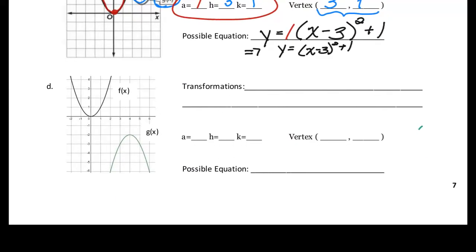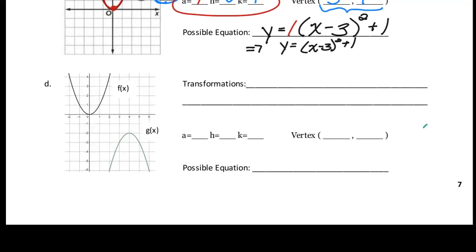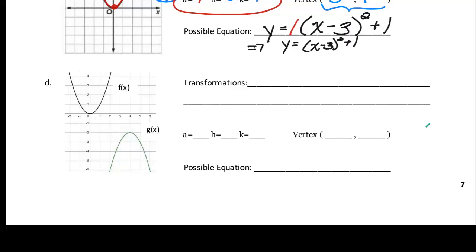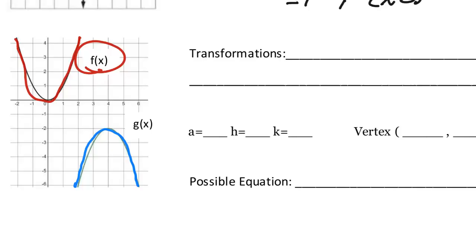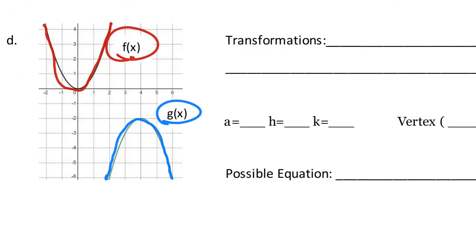Let's take a look at this last one very quickly. So here's the parent. Parent 1 is always f of x. Here is my new parabola. What is the vertex of that form?